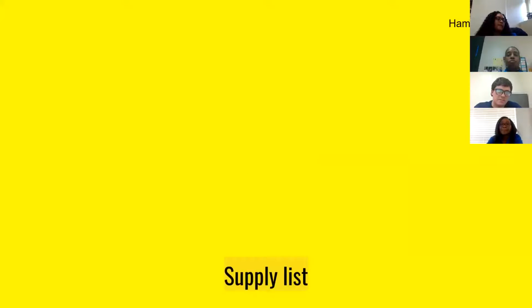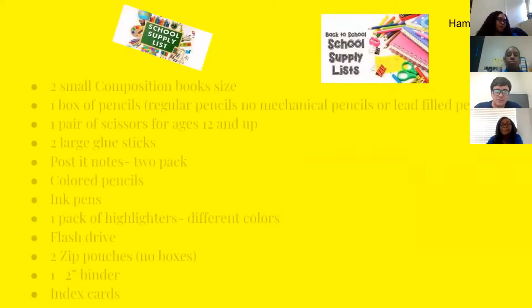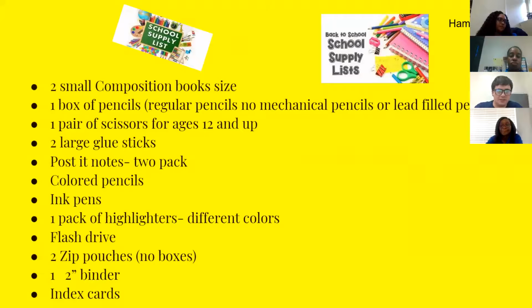All right, my name is Mr. Hamilton. I'm really excited for this year. This is the supply list. What your kid is going to need for their language arts class depends upon who their teacher is, so be sure to look at their Canvas page.